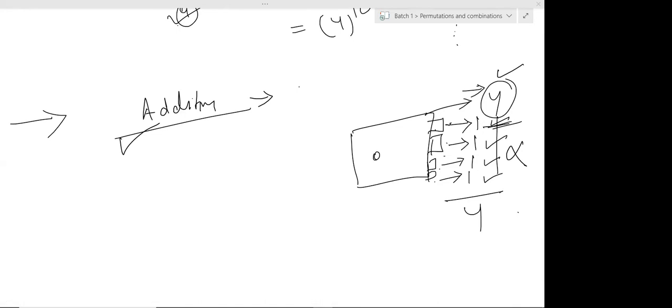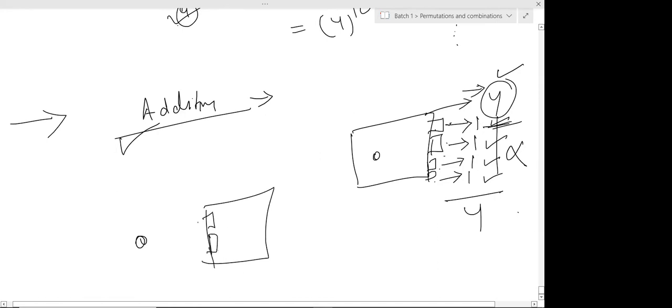Now, suppose you are standing outside a room and there are 2 entry gates. This can only be used for entry. And 4 exit gates. All right. In how many ways can you enter and exit out of this room?